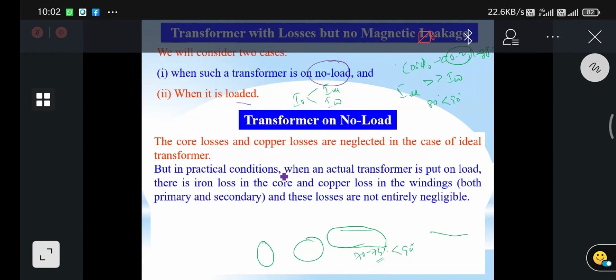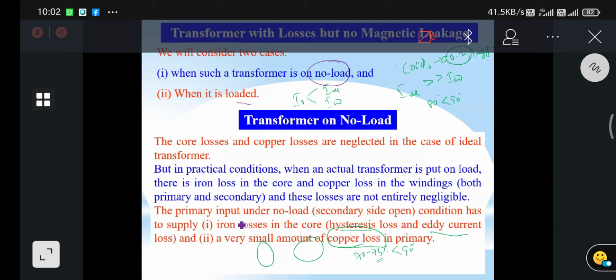But in practical conditions, when an actual transformer is put on load, there are iron losses in the core and copper losses in the winding, both primary and secondary, and these losses are not entirely negligible. So the primary input under no load, with the secondary side open, has to supply the iron losses in the core, which is the combination of hysteresis losses and eddy current losses, and a very small amount of copper losses.